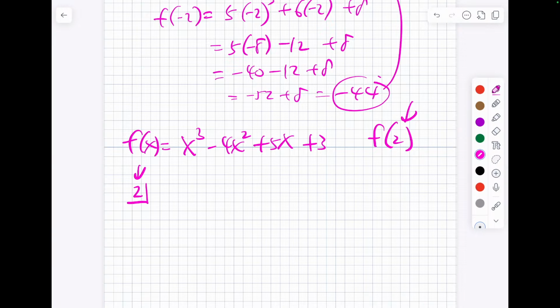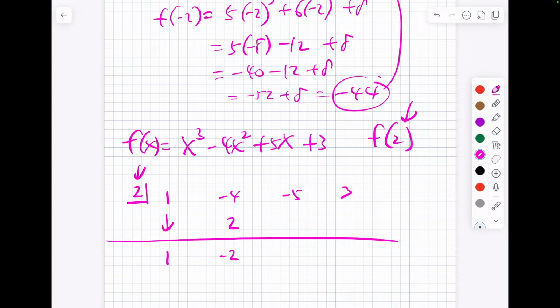If you want an evaluation, just use that 2 there and just do 1, negative 4, 5, and 3. And so actually it's a little bit faster. 1 times 2 is 2. Okay. So this one's negative 2. Negative 2 times 2 is negative 4, right? Negative 4 plus 5 is positive 1... and that is a negative 18. This is negative 15.